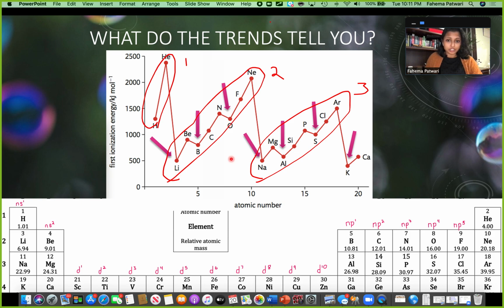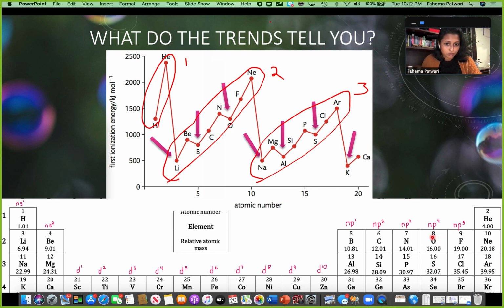Next, we see oxygen and sulfur also have a dip in ionization energy. Instead of sulfur having a higher IE than phosphorus, it's lower. Why? So remember what we said earlier about full subshells being particularly stable, but also half full subshells being particularly stable.